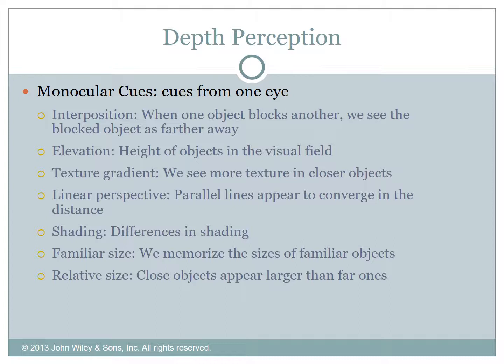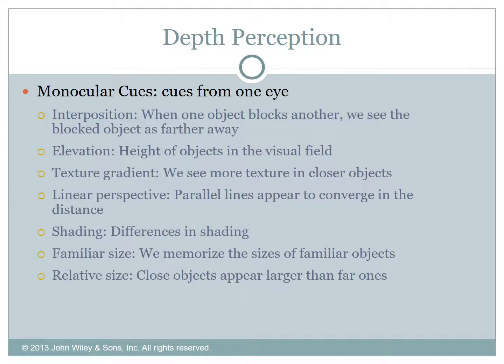On the other hand, it's not super important that a horse know how far away the mountain lion is. It's far more important that the horse know that there is a mountain lion, right? That makes sense. But to a certain extent, we can start to tell how far away things are by using these monocular cues. We can use, for instance, interposition.